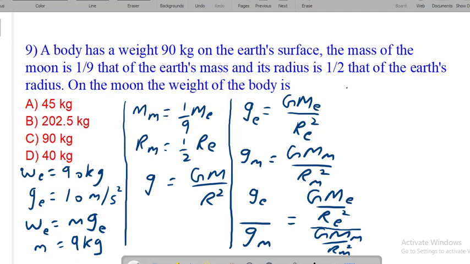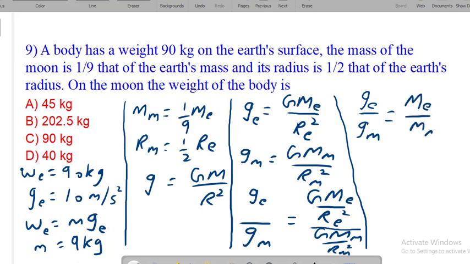Capital G gets cancelled out. So what we are left with, I'll just do the calculation here, GE upon GM, is ME upon MM, and here what we have is RM upon RE the whole square.